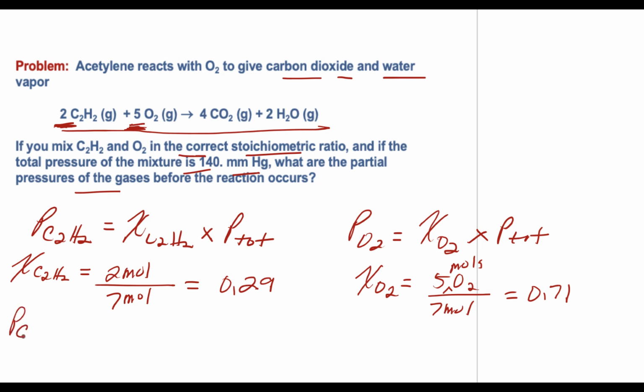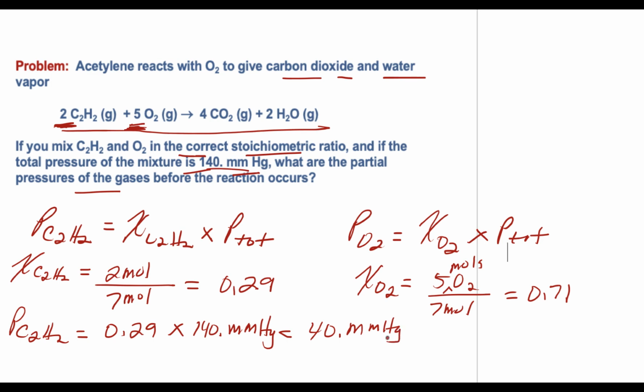For the acetylene, we have the mole fraction, which is 0.29, times the total pressure, 140 millimeters of mercury, and that would be 0.29 times 140, and that'd be 40, or I'll just make it 40 millimeters of mercury.